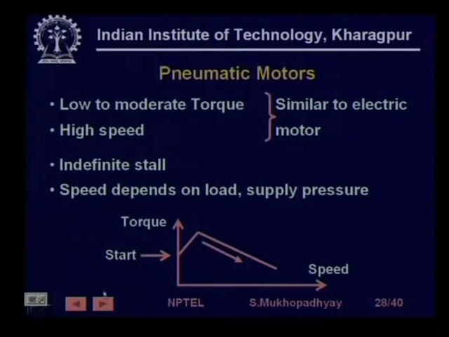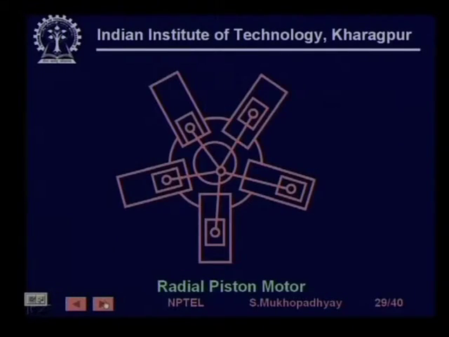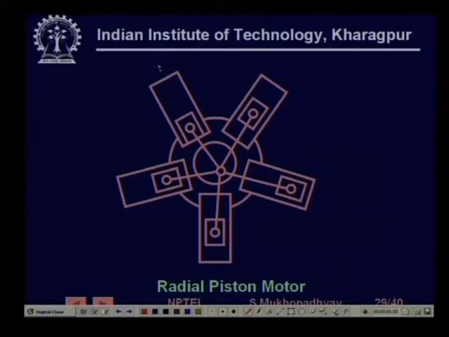This is a picture of a radial piston motor. So, you see that if you apply pressure to these pistons in sequence cyclically, then because of this mechanical arrangement, there will be rotational motion.